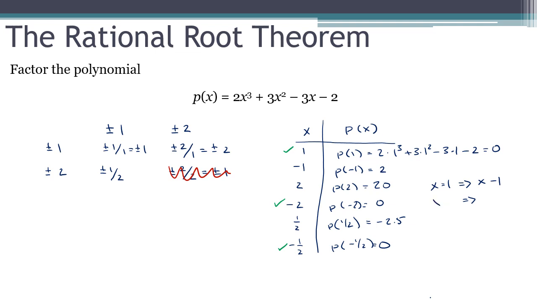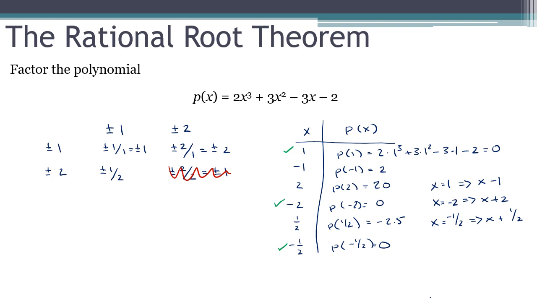If x equals -2 is a root, then x plus 2 is a factor. And finally, if -1/2 is a root, then x plus 1/2 is a factor. And that's what I needed. 3 factors, right? This is a third-degree polynomial. It's going to have 3 factors.